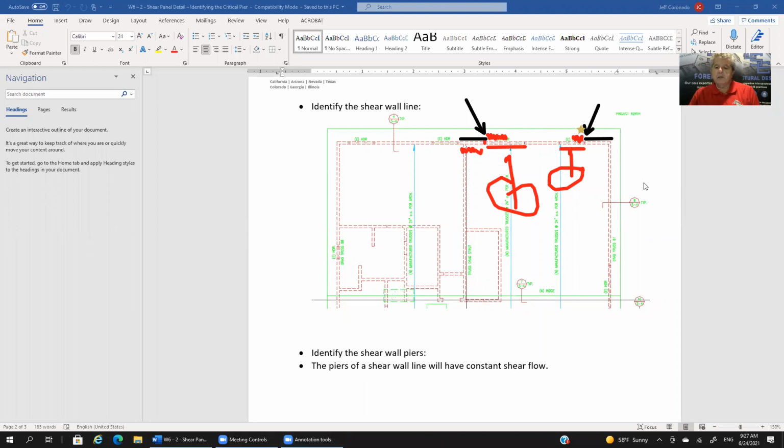If I were to look at this wall and I have to use judgment in determining which end is going to have my greatest overturning due to lateral force, that would be the end of the pier that I would evaluate, and whatever net overturning I have at this end, I would treat all of the other ends of the piers to resist that net uplift.